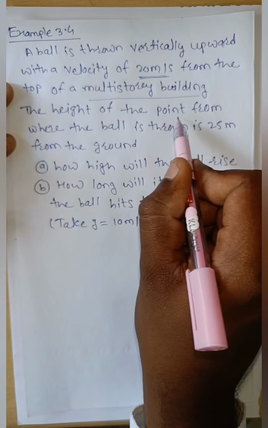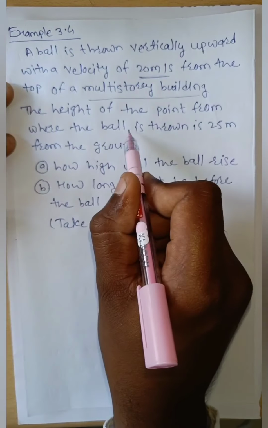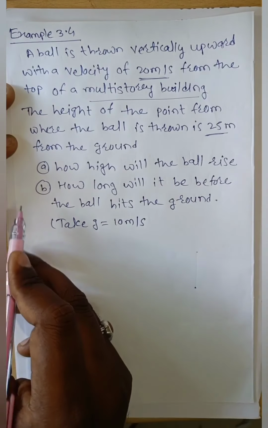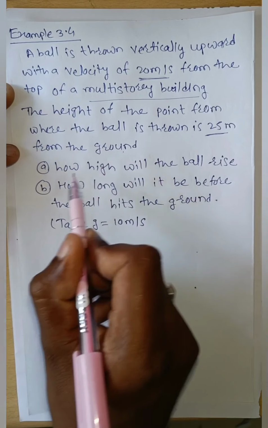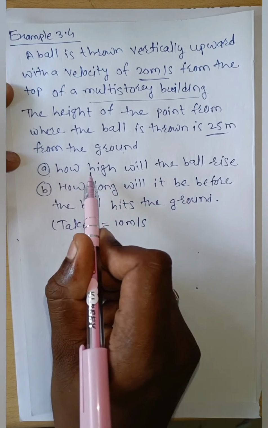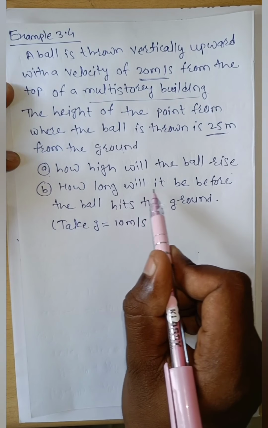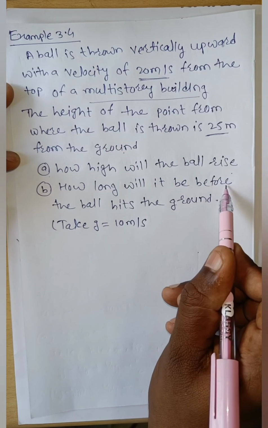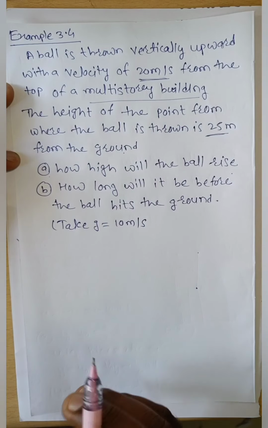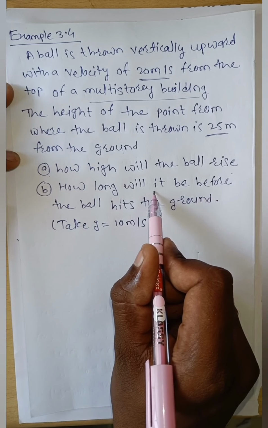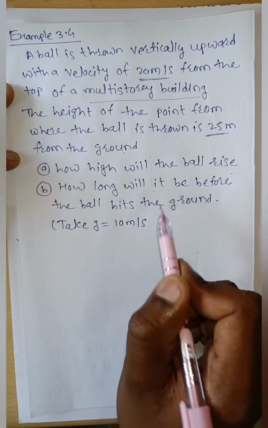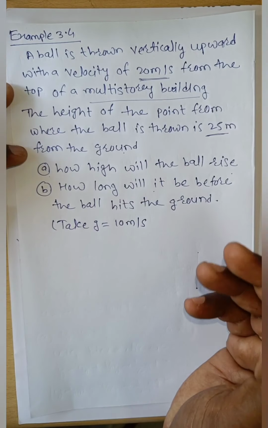The height of the point from where the ball is thrown is 25 meters from the ground. Then we have to find out how high the ball will rise. Second, how long will it be before the ball hits the ground, means how much time it will take to hit the ground.